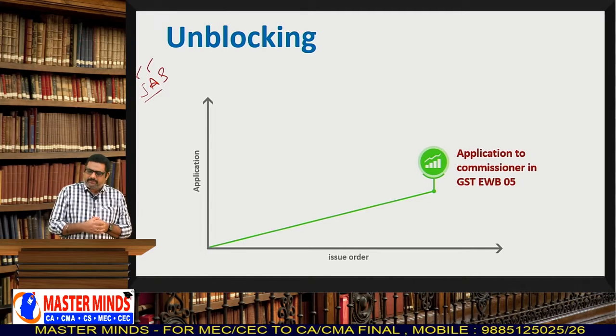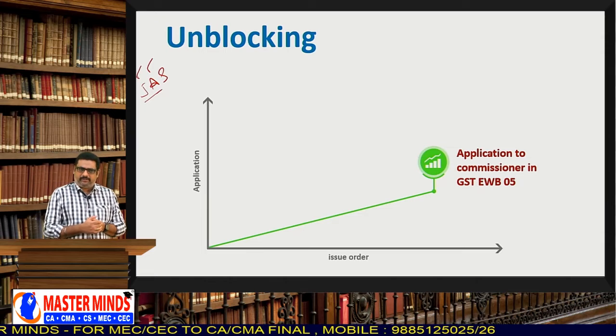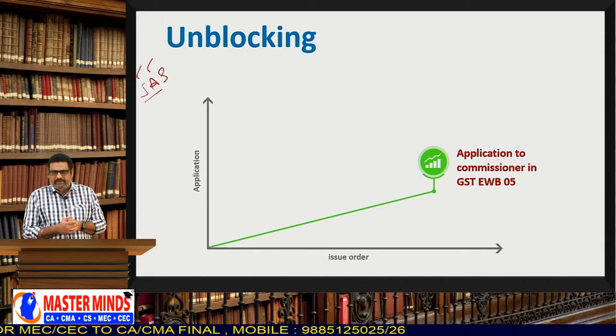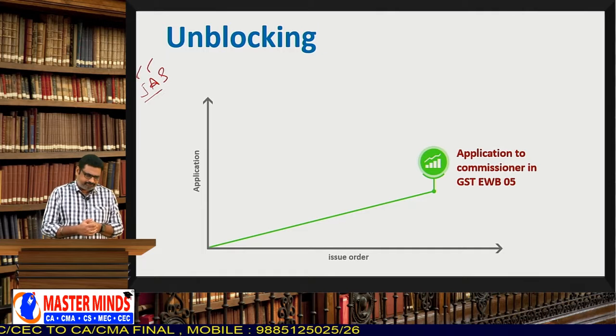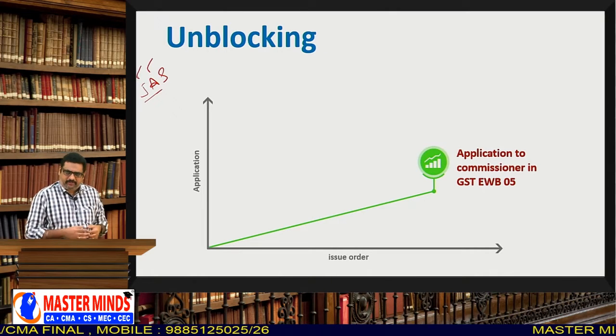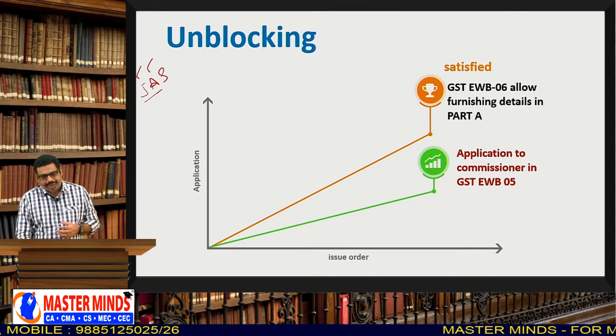Application to the commissioner is in form GST EWB 05, which is relevant for some cases in MCQs, stating that there is some reason which is beyond our capacity. We should satisfy the commissioner in that regard.